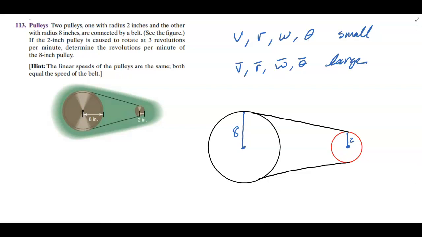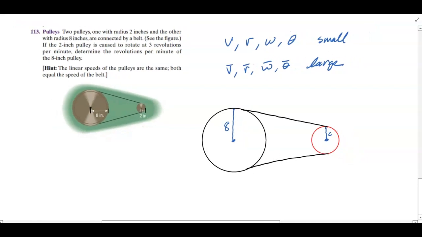All right, so let's see. If the 2-inch pulley is caused to rotate at 3 revolutions per minute, so far we have that W is equal to 3 revolutions per minute.